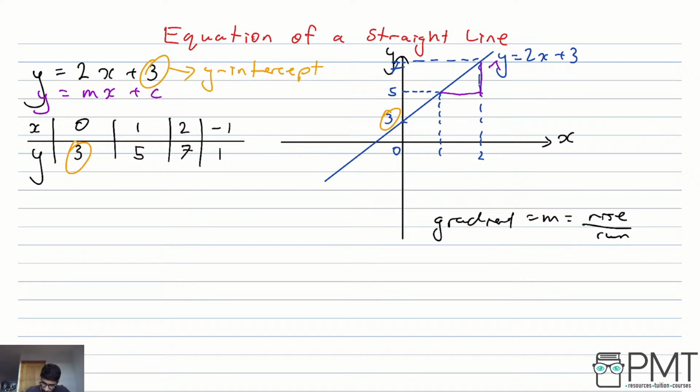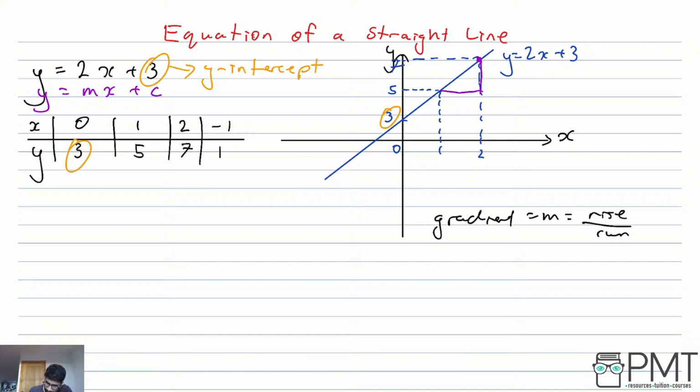What can we do to check that's the case? So this is y. How can we find the gradient there? Can you tell me what the rise here is and the run is? What are the lengths of these two sides of the triangle?